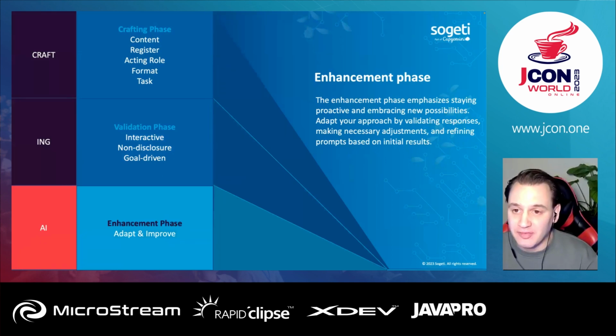And finally, we have the enhancement phase. Tools like generative AI are evolving really fast. New techniques for prompt engineering are coming up every week. So it's very important to stay ahead of that and understand what is going on, but also understand a bit more about the model itself.